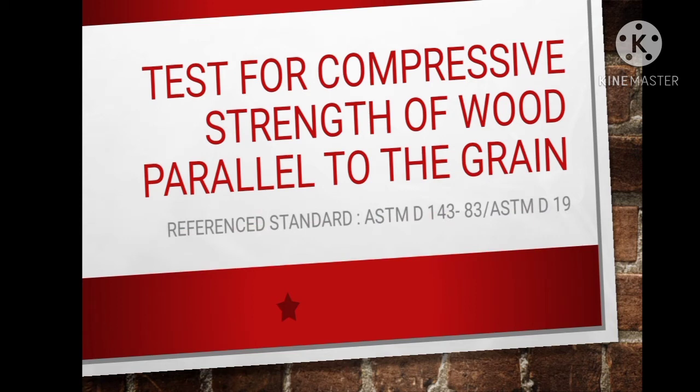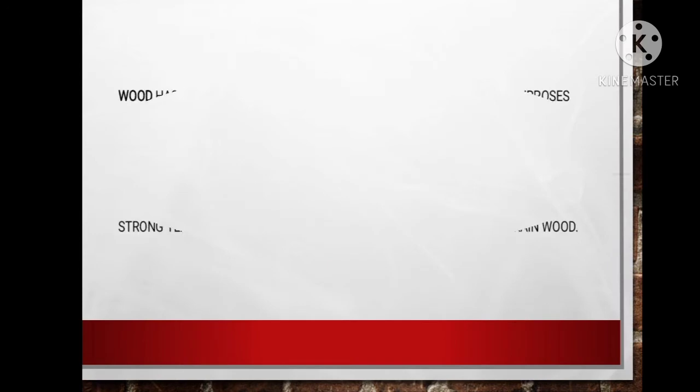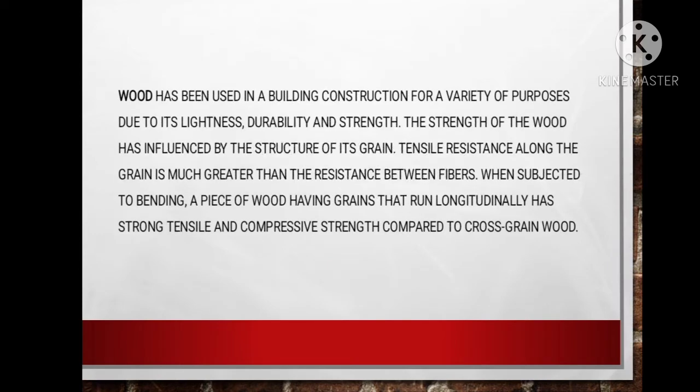In reference standard ASTM D143-83 or ASTM D19. Wood has been used in building construction for a variety of purposes due to its lightness, durability, and strength. The strength of the wood is influenced by the structure of its grain.